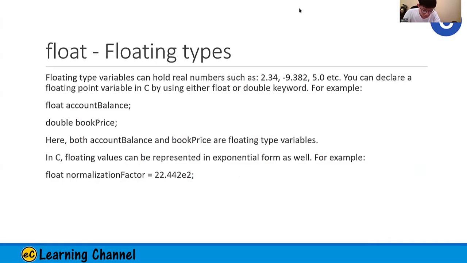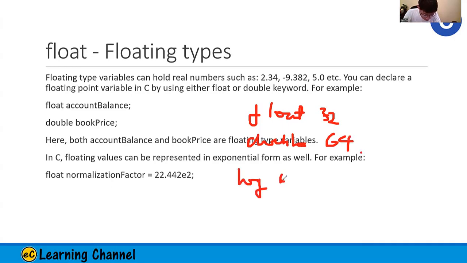Floating point, you have two types, that's double and float. Float is 32-bit, double, I think, is 64-bit. And then there's a long double. This one can be 10 byte or 12 byte, okay, depending on the machine.